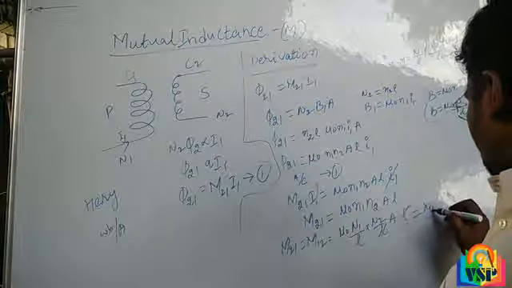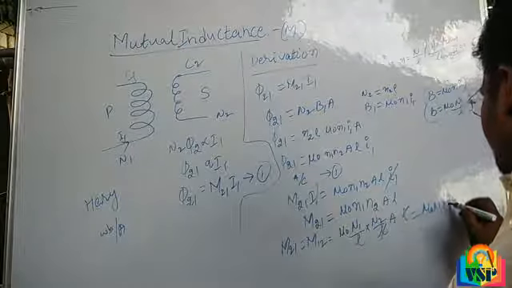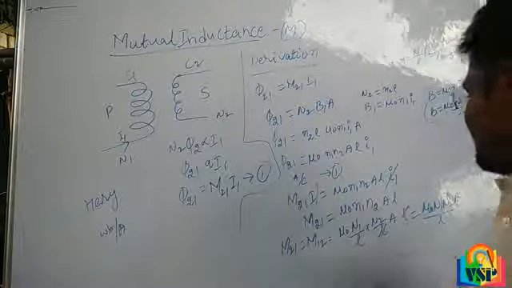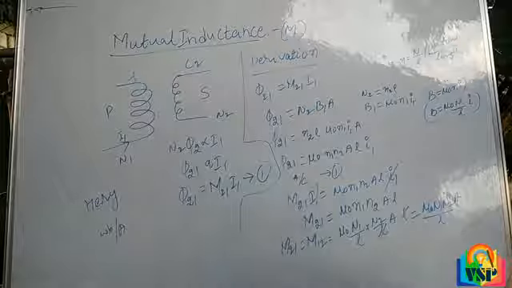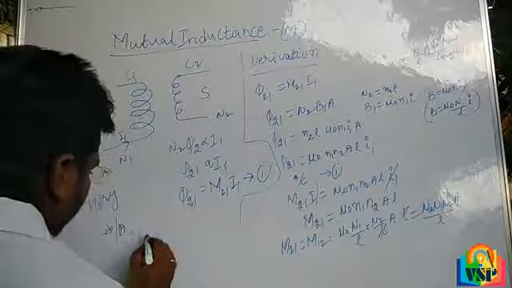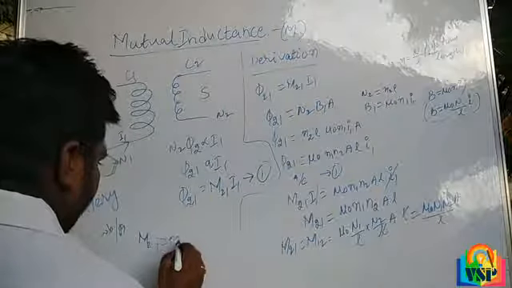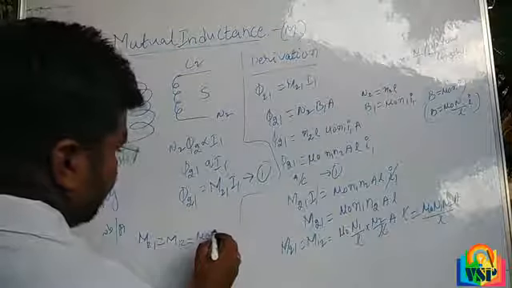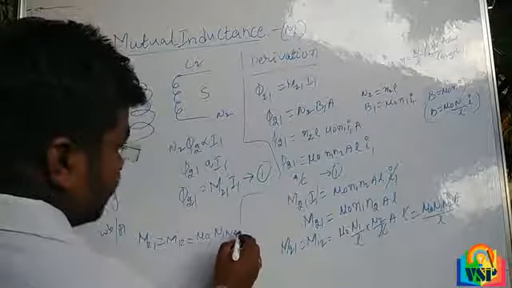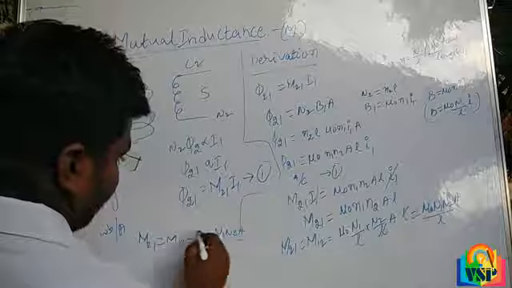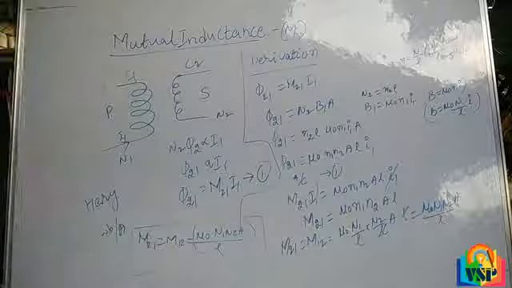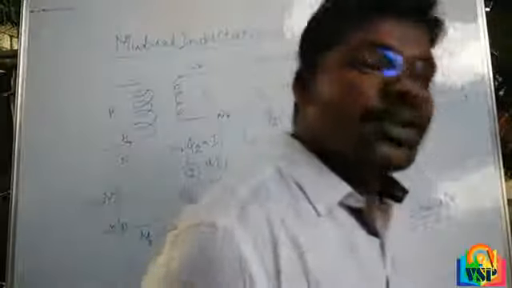You can write mu naught N1 N2 A divided by L. Understand? So this is the expression for mutual inductance. What is that? M21 or M12, which is equal to mu naught N1 N2 A divided by L. Understand? This is the expression for mutual inductance.